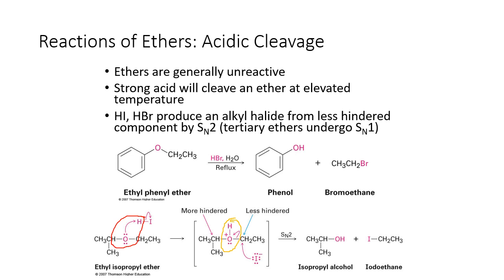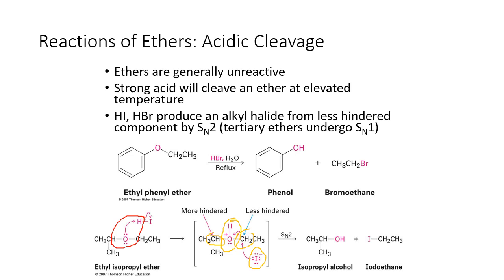Okay, now in this case we have two options. The attack of the I minus that remained can be either on this carbon over here that's part of the ethyl group, or the carbon on the isopropyl. Which one will the attack happen on?